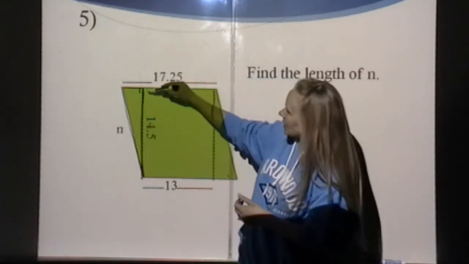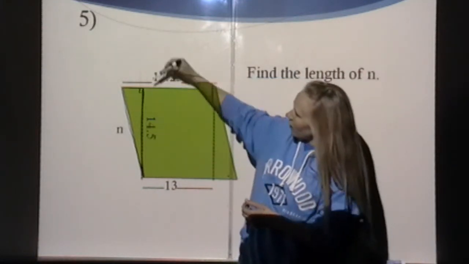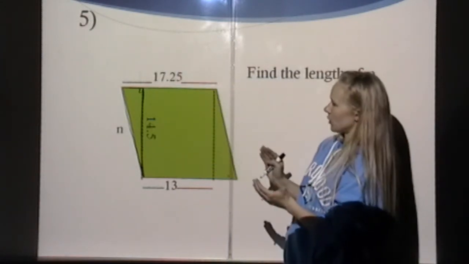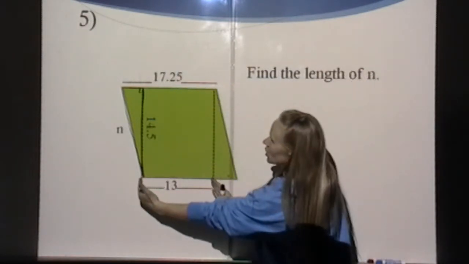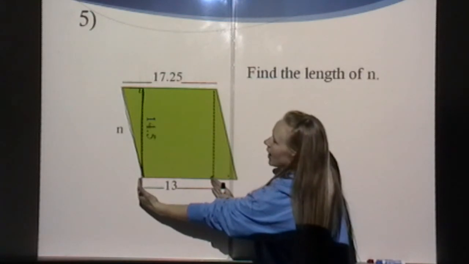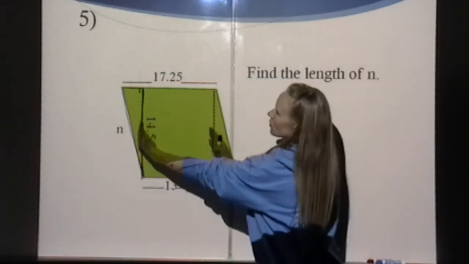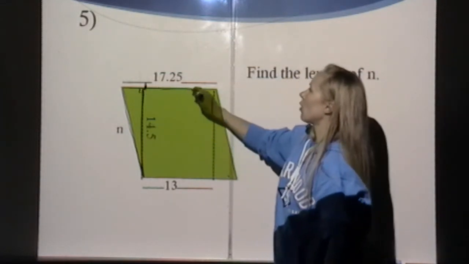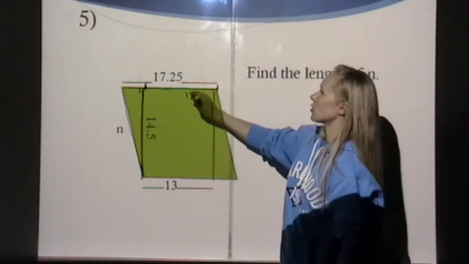But I can tell here that this length is 14.5. It's just a matter of what this length is here. Well, if you notice on this picture, the distance from here to here is 13. So if I slide my arms up, the distance from here to here is also 13. So from here all the way to here, that is 13.